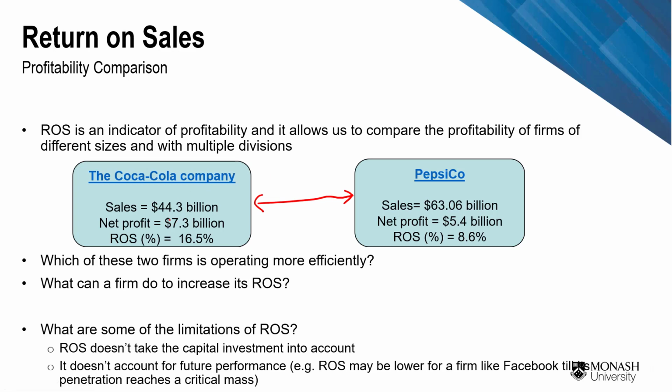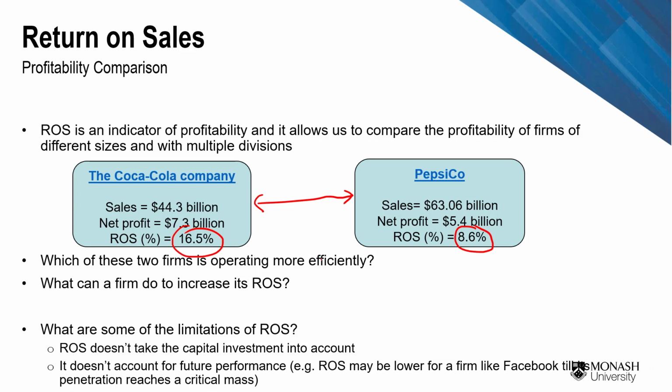As you can see, sales is 44.3 billion, net profit is 7.3 billion. Pepsi has so much more sales, for example, but the net profit is 5.4 billion. So you can see that the ROS for Coca-Cola is 16.5% and PepsiCo has only 8.6%.